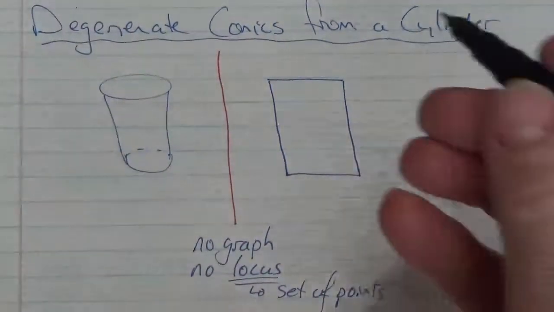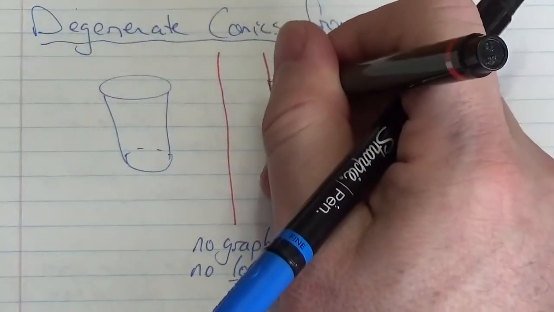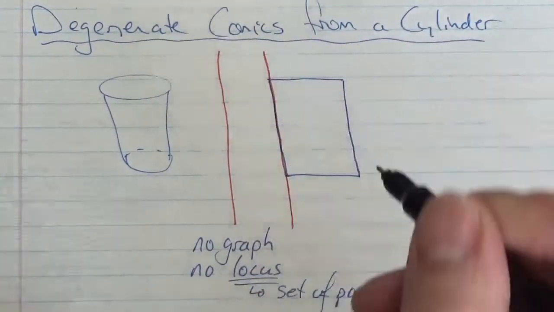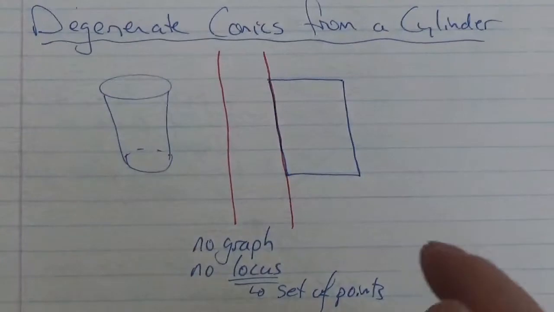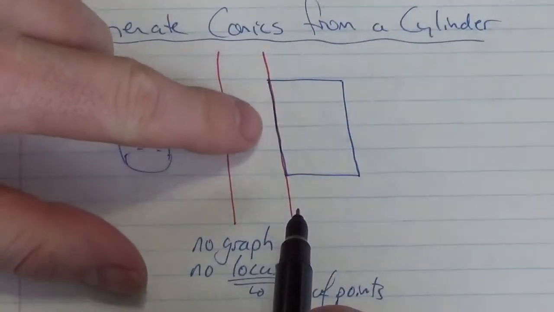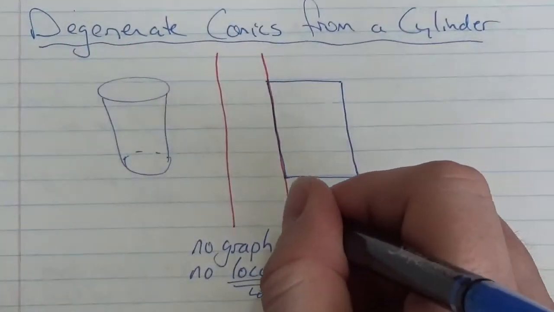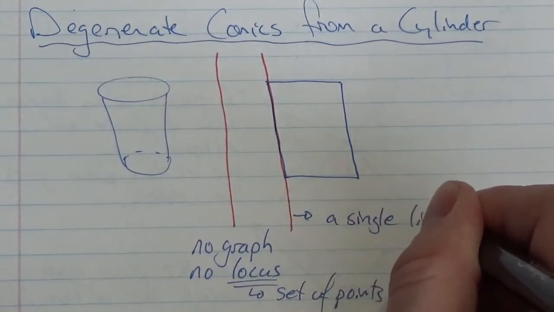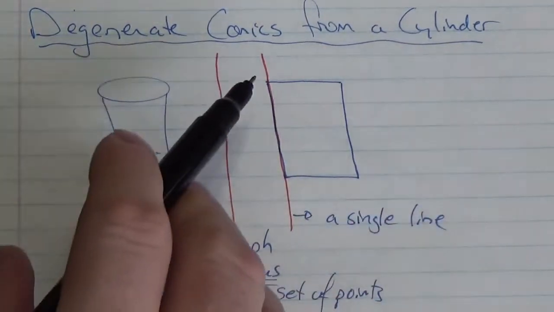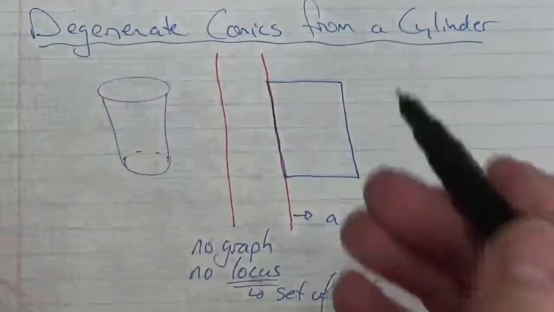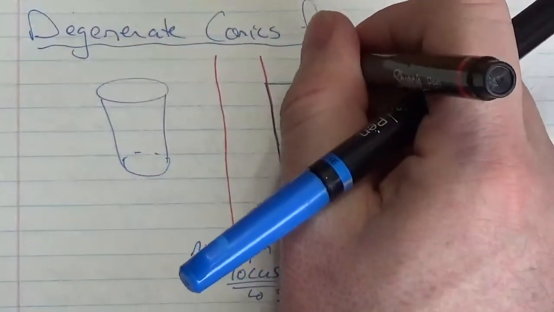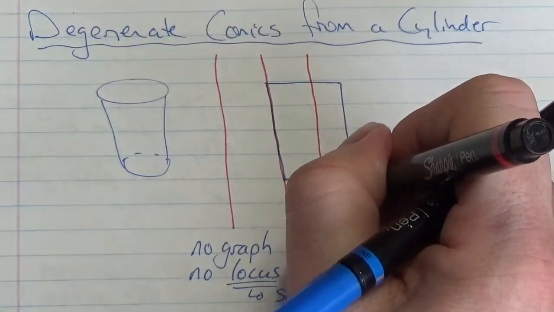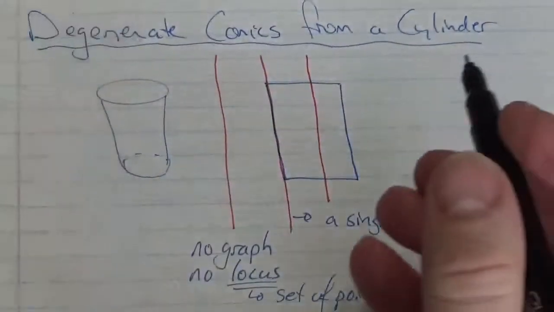Another way that the cutting plane could hit it is it could just ride along tangent to the side of the cylinder. What that's going to create is a single line, just that line where they intersect. And then that cutting plane could go straight through, hitting both sides of the cylinder.